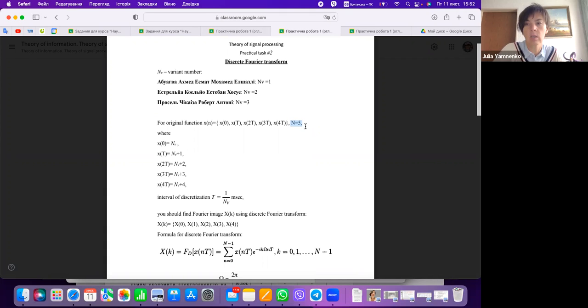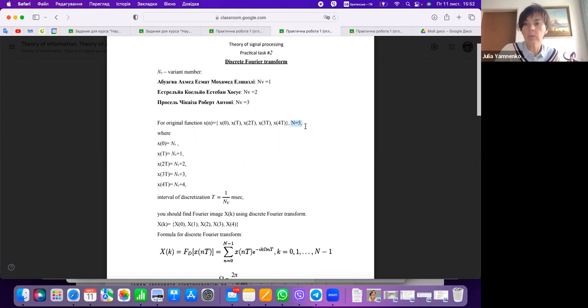Five is not a real situation, but we have to be able to operate with a simple example, because the main thing for you is to understand how it works, what the algorithm is, and the sequence of operations that you have to do.